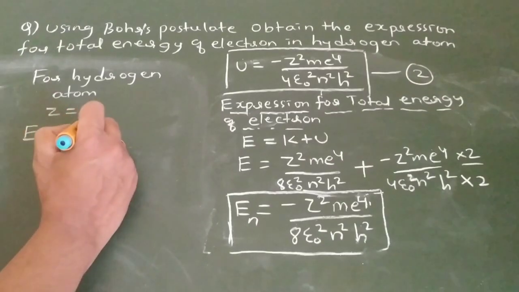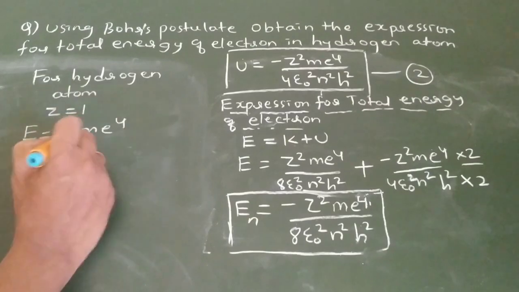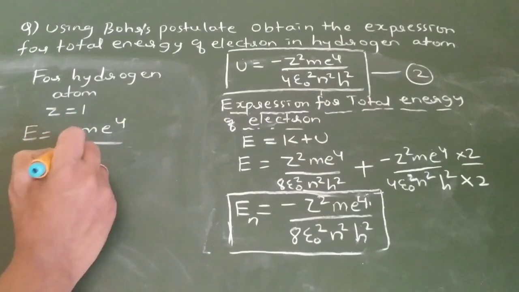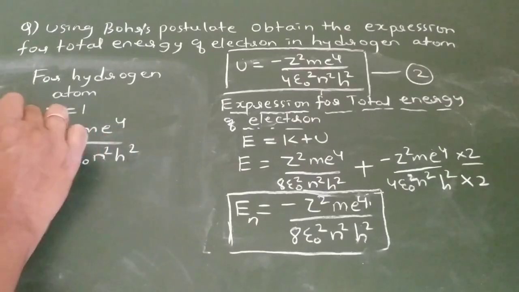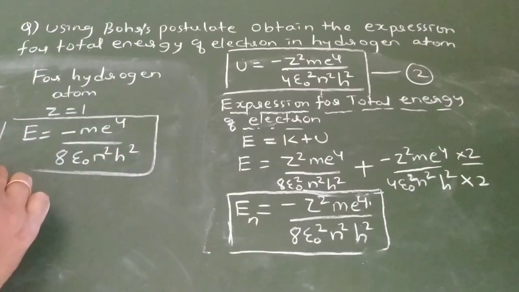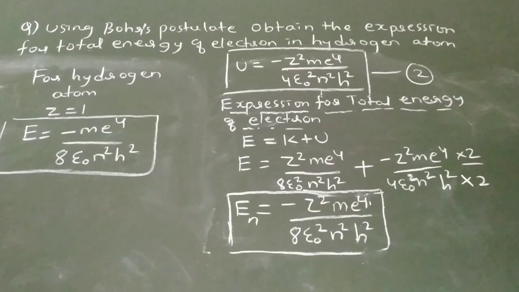You will get E is equal to minus m e to the power of 4 divided by 8 epsilon naught square n square h square. Remember this derivation. This much you have to solve. If you solve this much, I believe you can score good marks. You will get complete marks, 5 marks.